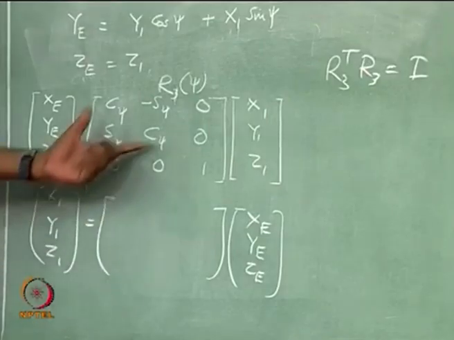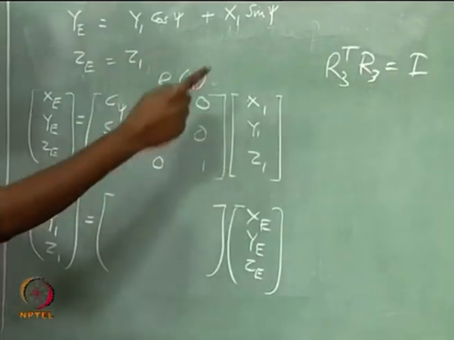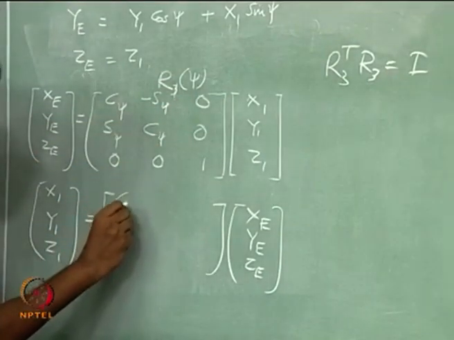So, I can directly write this matrix now. It is not difficult to write this matrix once you know this property.